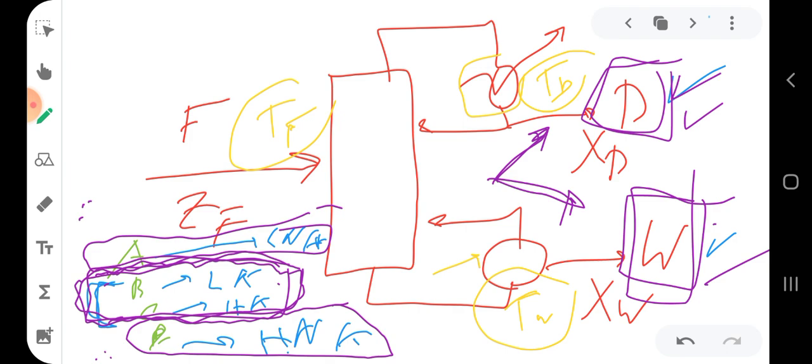So the value of relative volatility is a property, so in other words it depends on the temperature. You have different temperatures at the waste, at the feed, and at the distillate, and at these different temperatures you have different relative volatilities. Usually we like to deal with the average relative volatility.